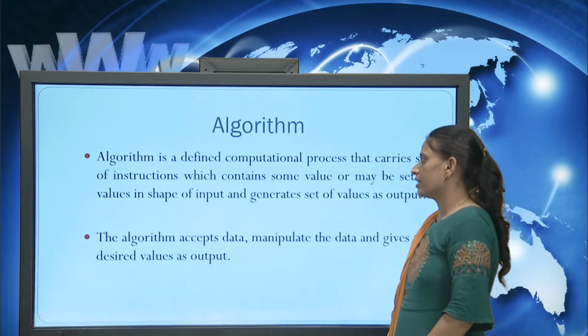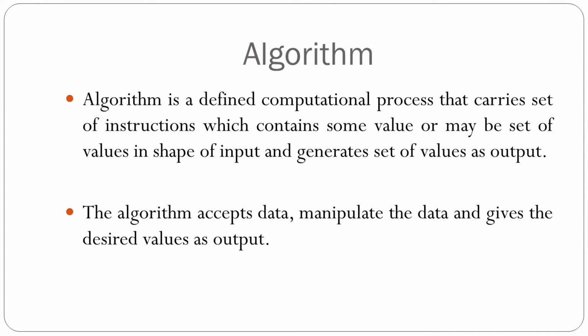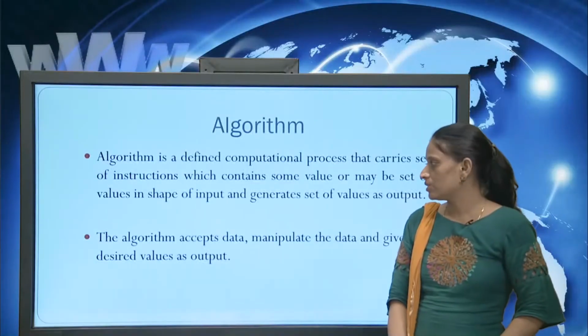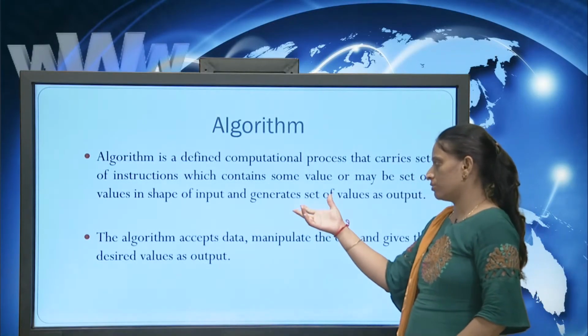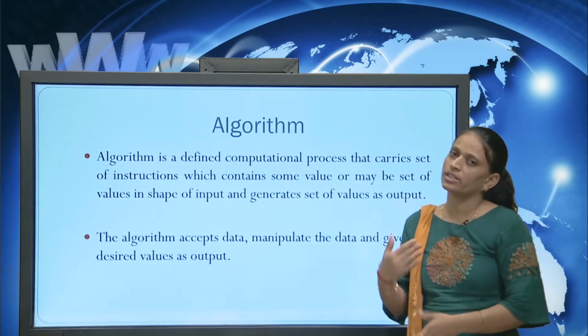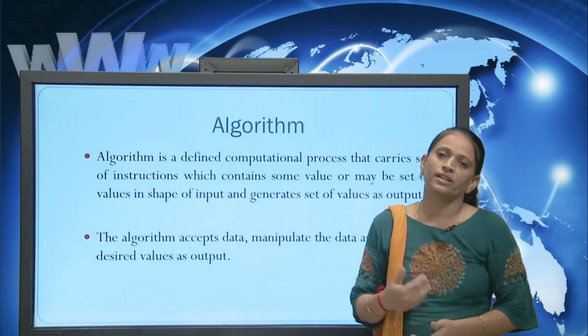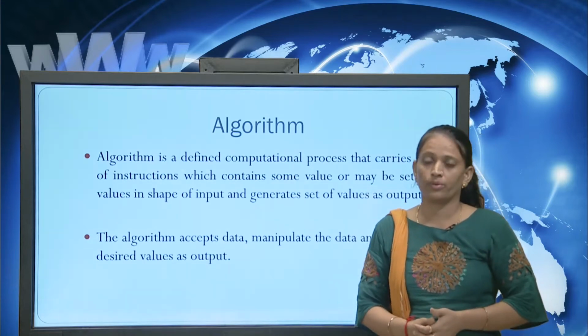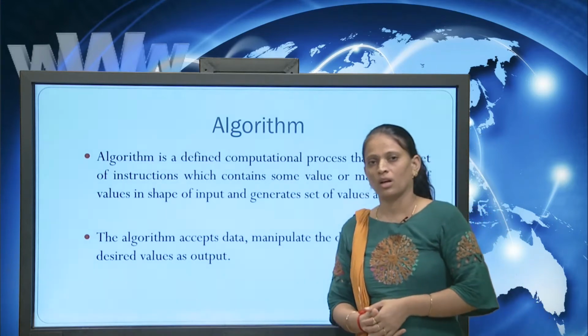An algorithm is a defined computational process that carries a set of instructions which take some value or a set of values, and the purpose is what? To generate a set of values as an output. So, in an algorithm we take a set of inputs for generating a set of outputs.